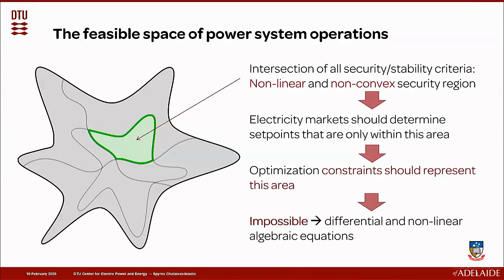So here's what happens. This is the feasible region, and actually the true feasible region of a power system is characterized not only by the steady-state equations, but also by the dynamic stability, right? Which means differential equations saying if something is stable or not. So it's very difficult, actually it's almost impossible, to add differential equations in an optimization problem without any proxies.